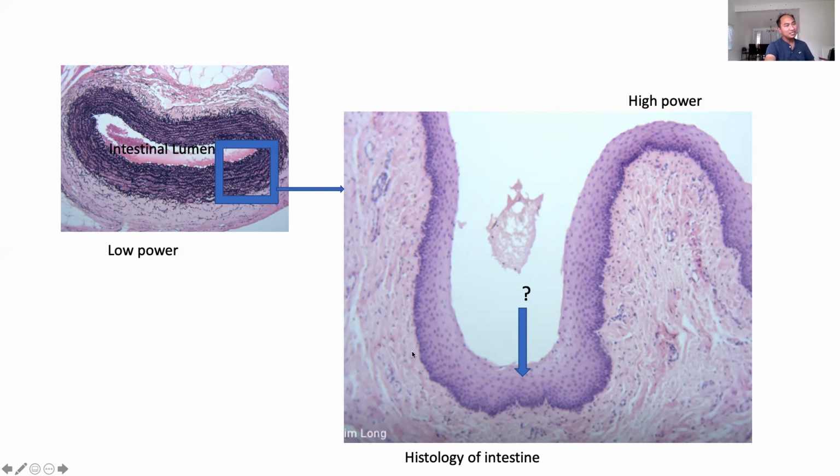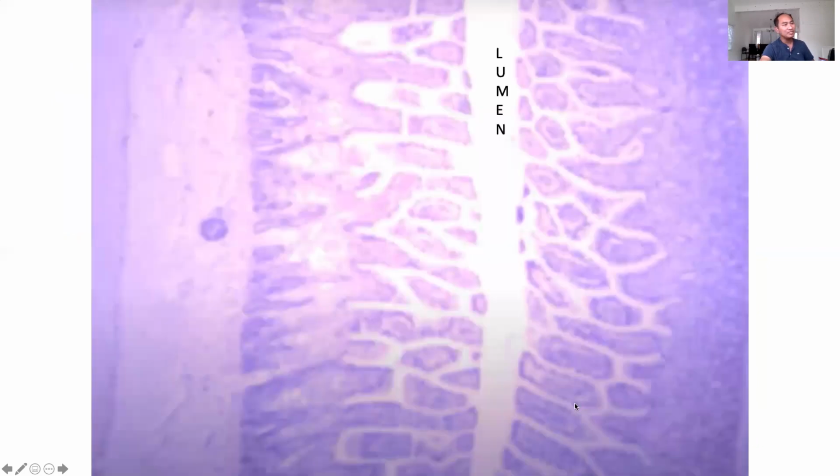And it is sitting on another type of tissue. Let's keep looking. Now we can see the lumen. All the cells are projecting into the lumen and they are sitting on another type of tissue.